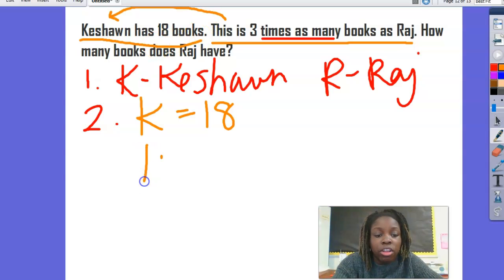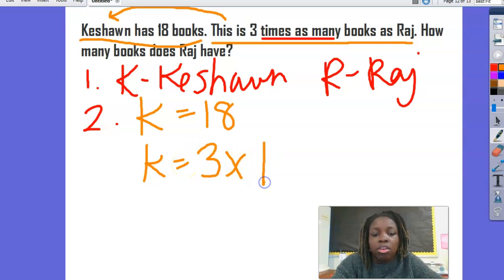So we have to write down Keyshawn again. So this is 3 times as many, so we're going to put 3 times as many books as Raj. All right. So you see how I did that. Anytime it starts with "this is," we're referring back to that same person again. So this is 3 times as many books as Raj.